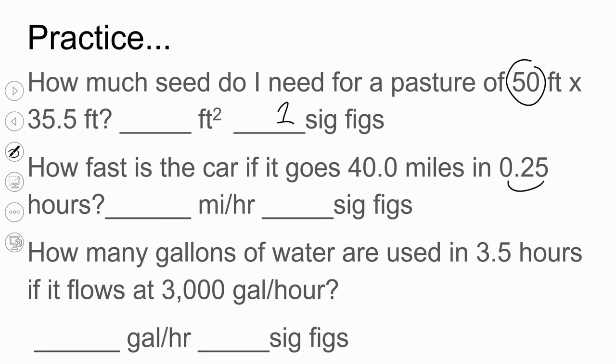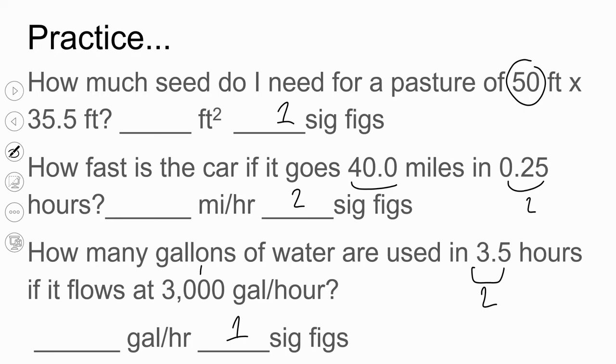This has 2, this has 3, we go with the least number of sig figs that we can keep, 2. How about this last one? This has 2. How many does this have? 1. Good. So we can only keep 1 significant figure.